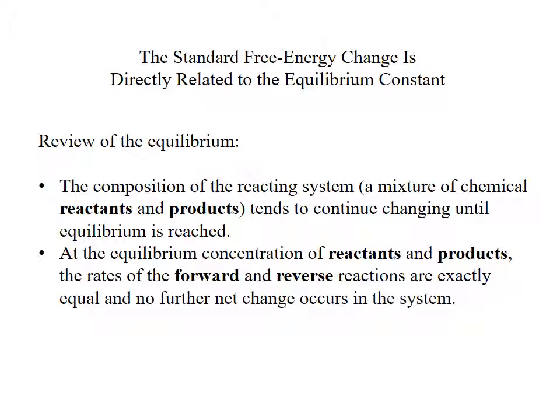At the equilibrium concentration of the reactants and products, the rate of forward and reverse reactions is exactly the same. There is no net change in the reaction system, and obviously there is no flow, and at these conditions, there is no free energy to be used to perform any other work.